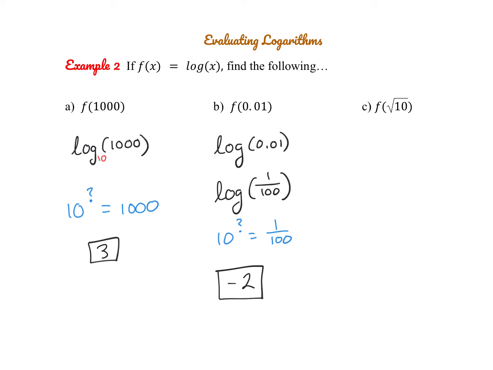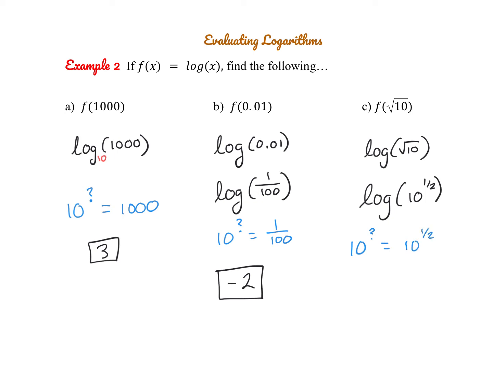And last, I have f of root 10. So we're finding the common log of root 10. For this one, it might be easier for us to look at it like this. We know that the square root of 10 is 10 to the power of 1/2. So we're saying 10, the base of our common log, 10 to what power equals 10 to the power of 1/2?